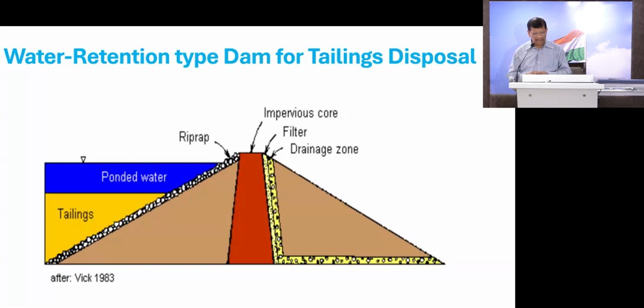So it's like a hydro dam, but this kind of dam will be only for a small scale structure. You cannot raise a 500 feet high or more structure like this.